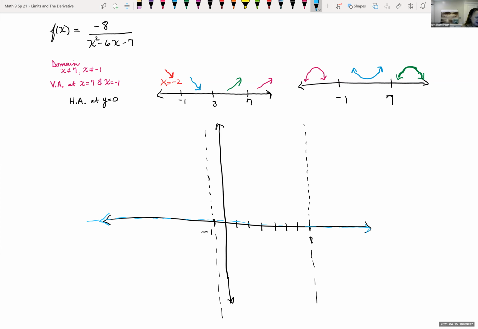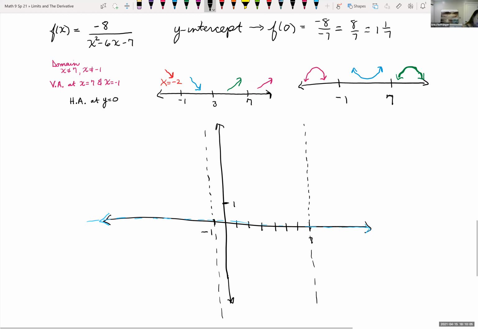Point-wise, I know that my y-intercept, I'm going to let x equals 0. So f of 0, notice I get -8 in the numerator all over -7. So 8/7, 1 1/7. I'm just estimating. So let's say that this was 1. So we're going to have a point about right here.